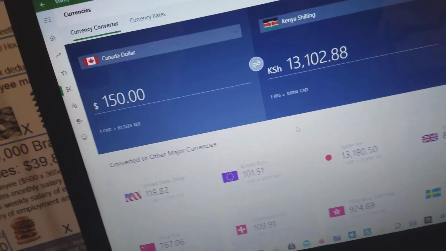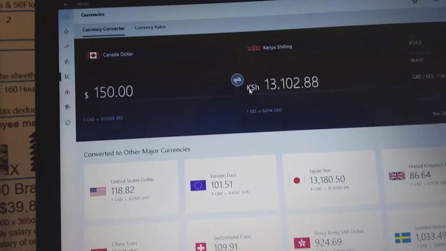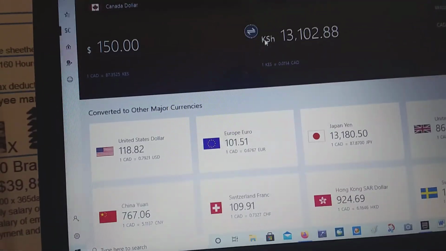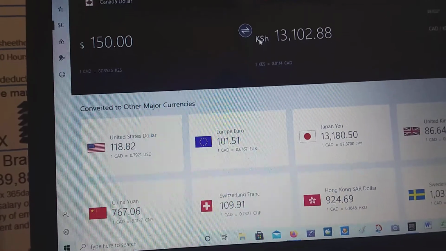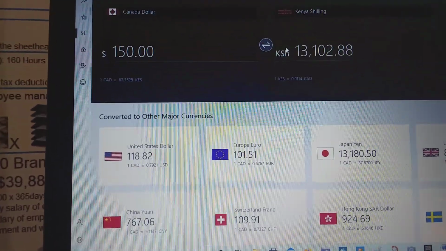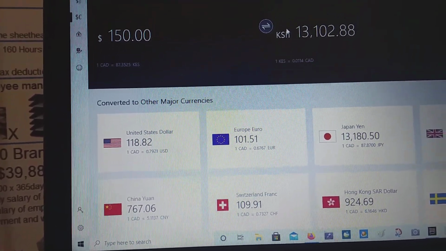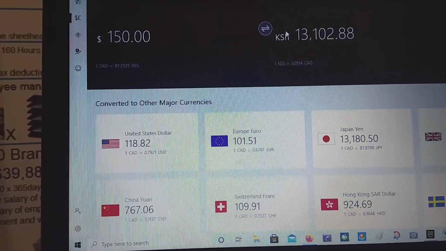So if we are getting only this much, and then of course I need the same amount in shillings. Okay, that is 300,000 Uganda and Kenya. And then 150.